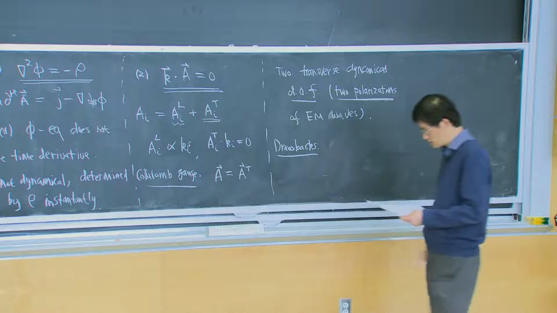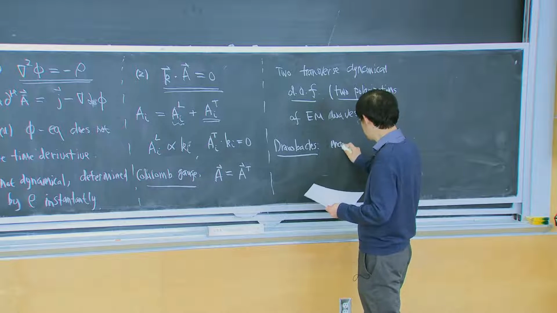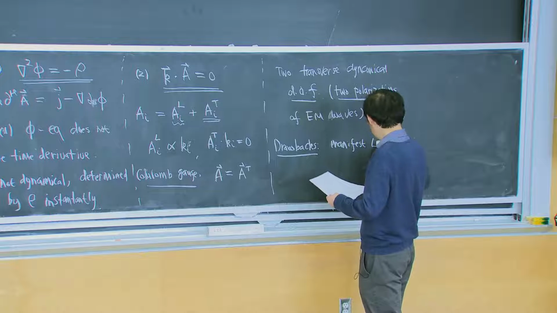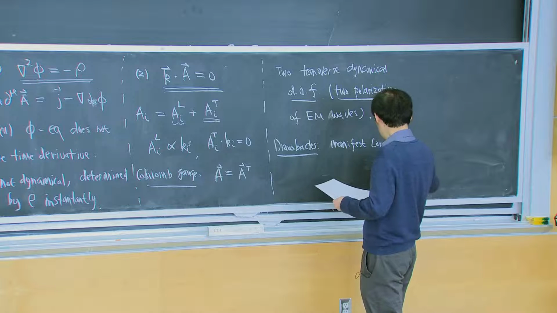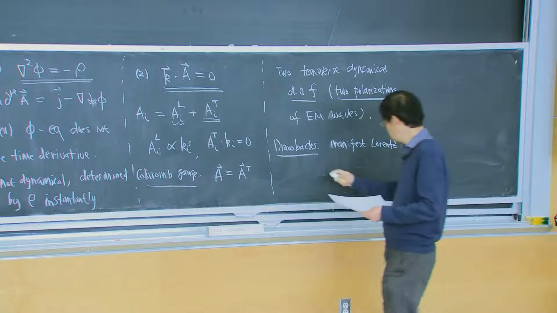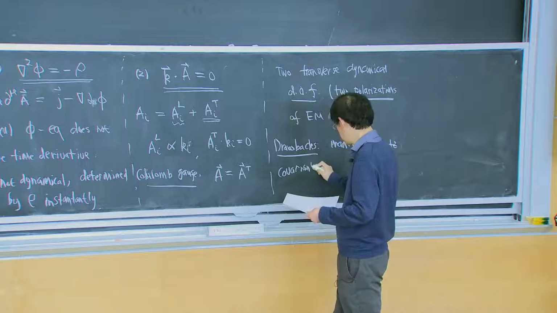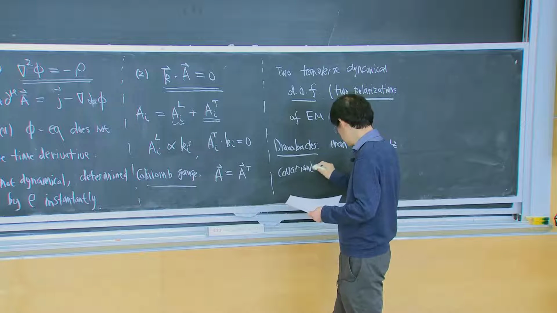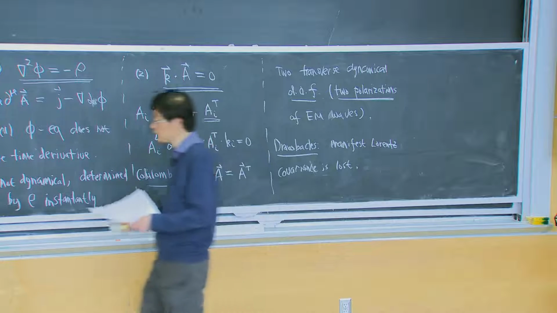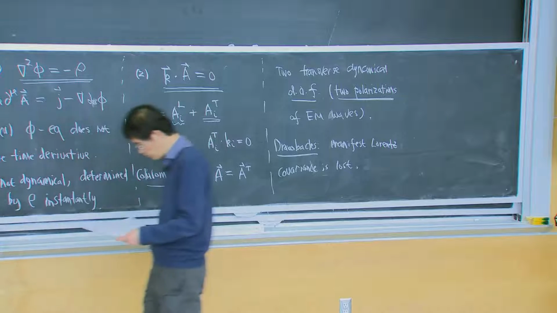First, there's no manifest Lorentz symmetry. The Maxwell equation is manifestly Lorentz covariant, but the Coulomb gauge is not, because this condition certainly is not covariant. It's not the same in different frames.